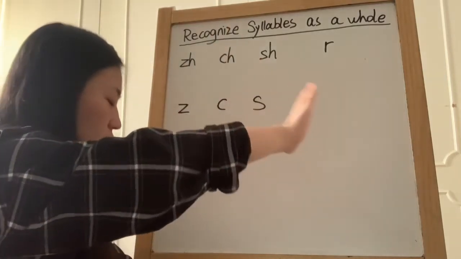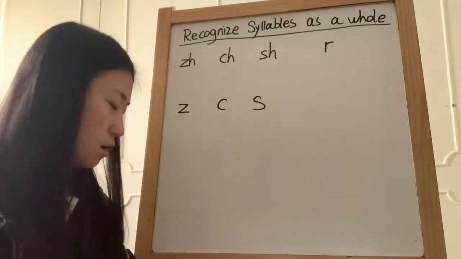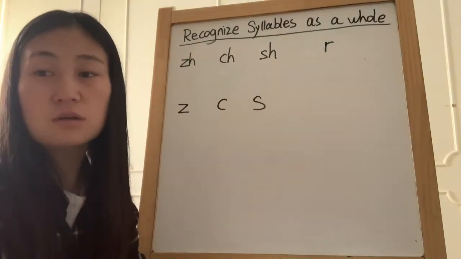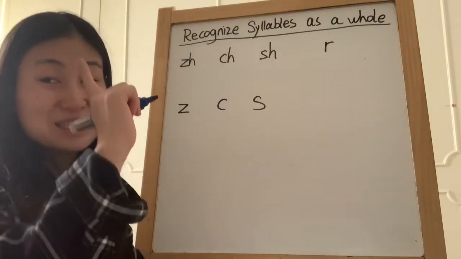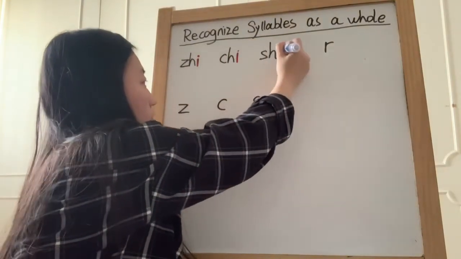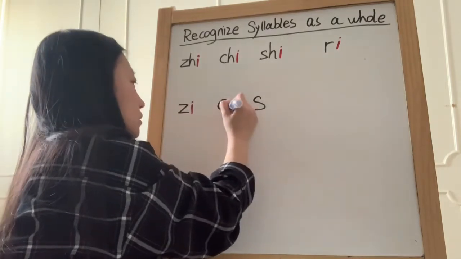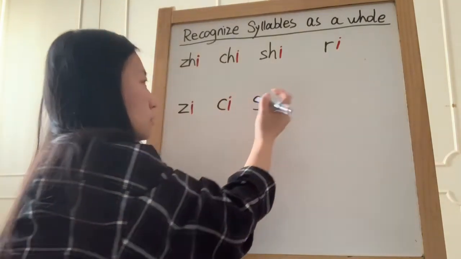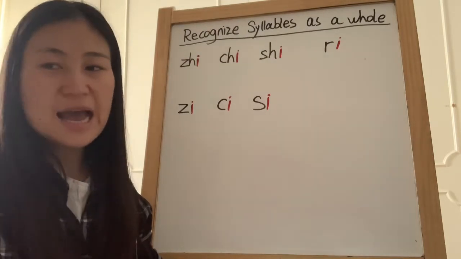They haven't got any finals or vowels together. But there is a very special situation when they combine with E. This letter, as we know, is read as E.